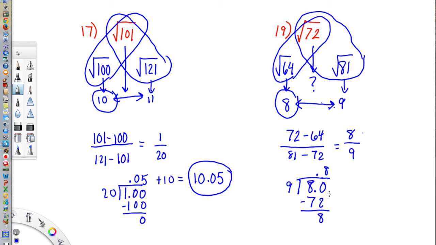I subtract and get an 8. I bring another 0 down. I get 80. Hey, I see that there's going to be a repeating decimal here. So I can say, and I need to add my whole number to that, I can say that the square root of 72 is approximately 8 and 8/10, which is a repeating decimal.